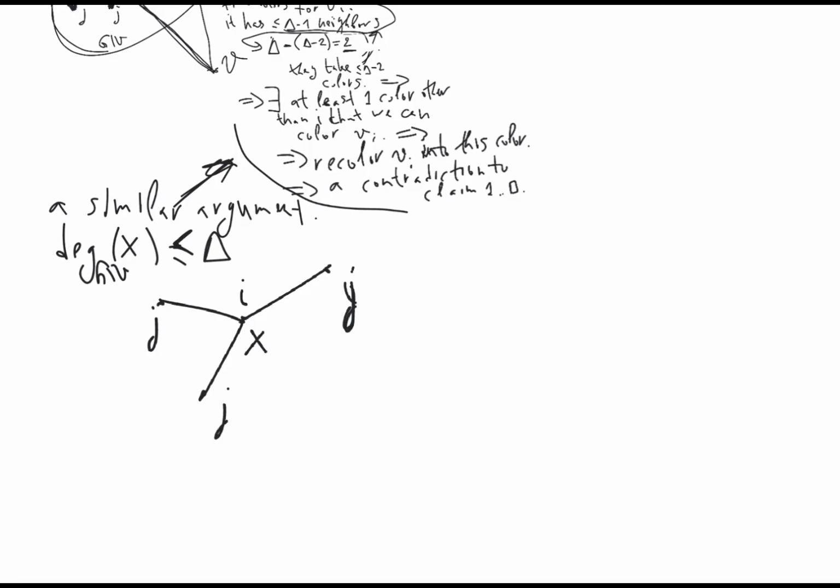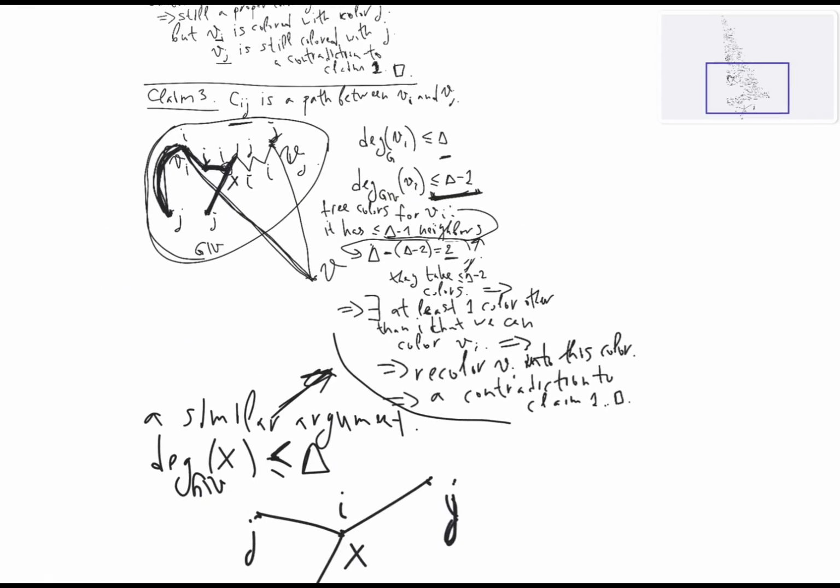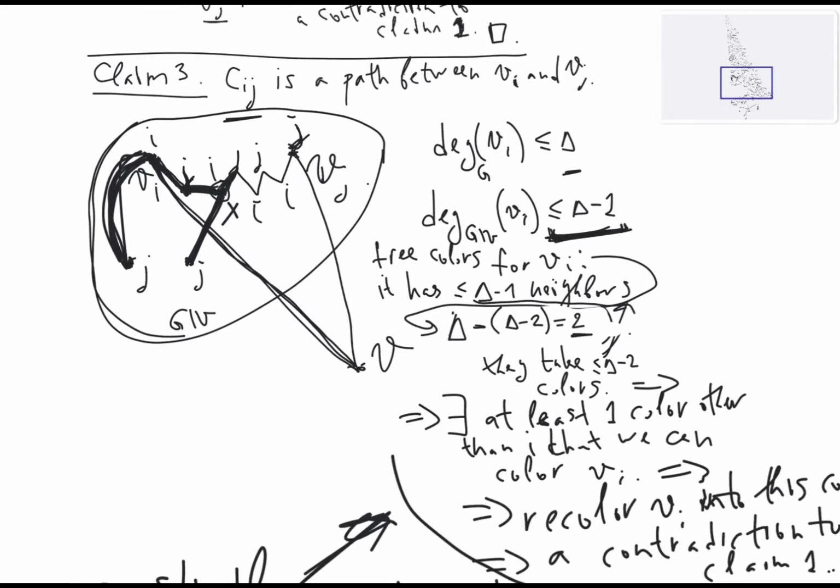If it's color J, then these 3 would be colored I. And the same for Vj: we considered the case of Vi, but the same is considered for Vj, if Vj is adjacent to another vertex here.